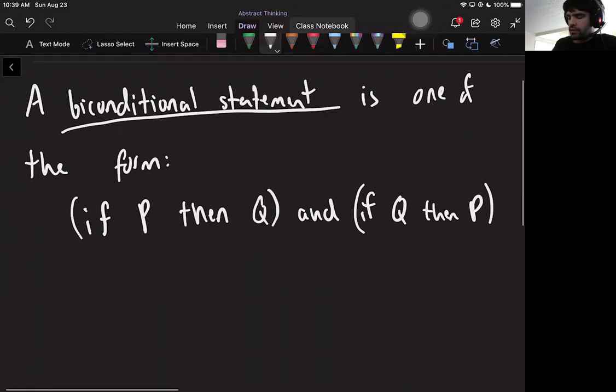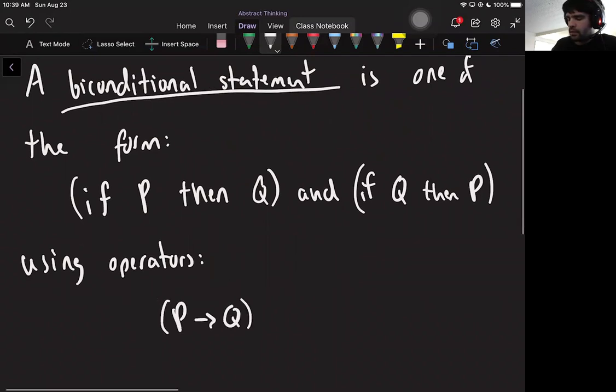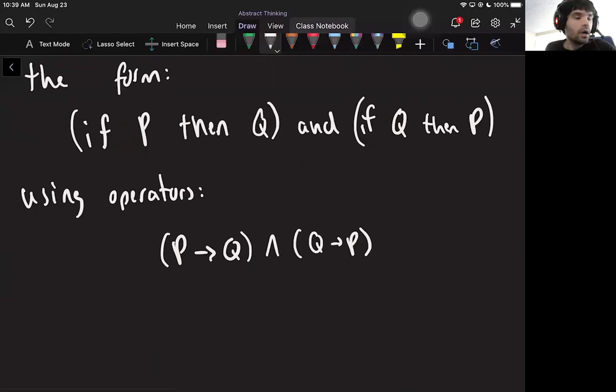So we can write this symbolically using operators. P implies Q, written like that, and Q implies P. So then later we can think about it using truth tables, which we'll get to.